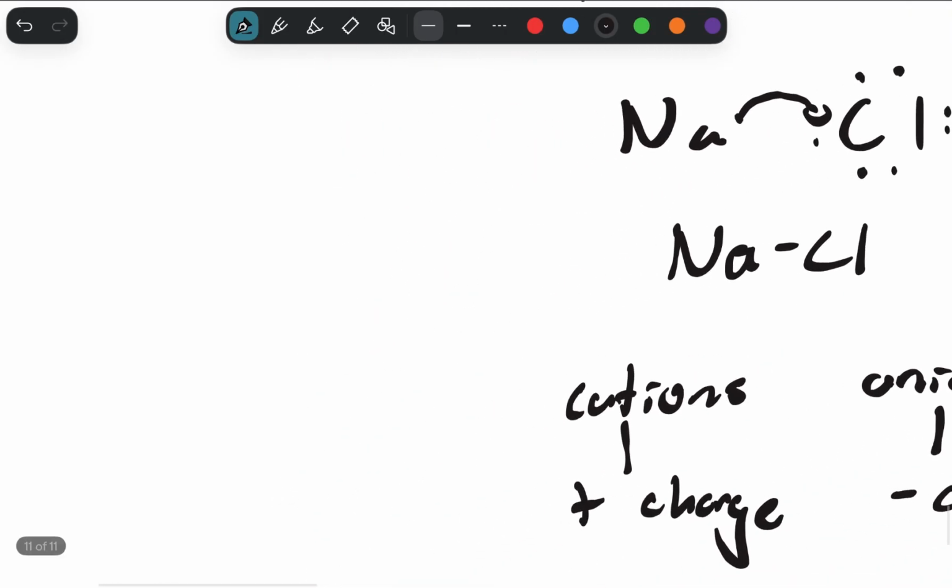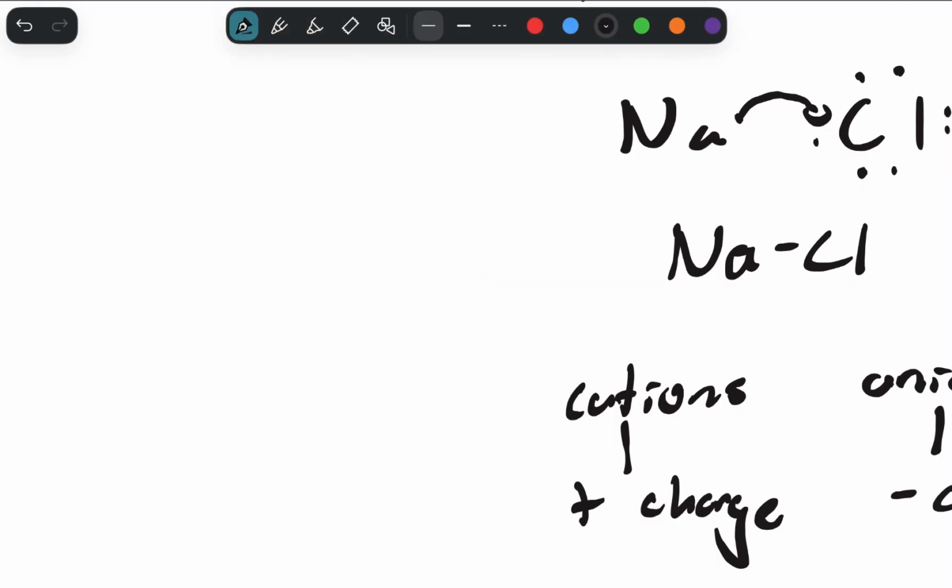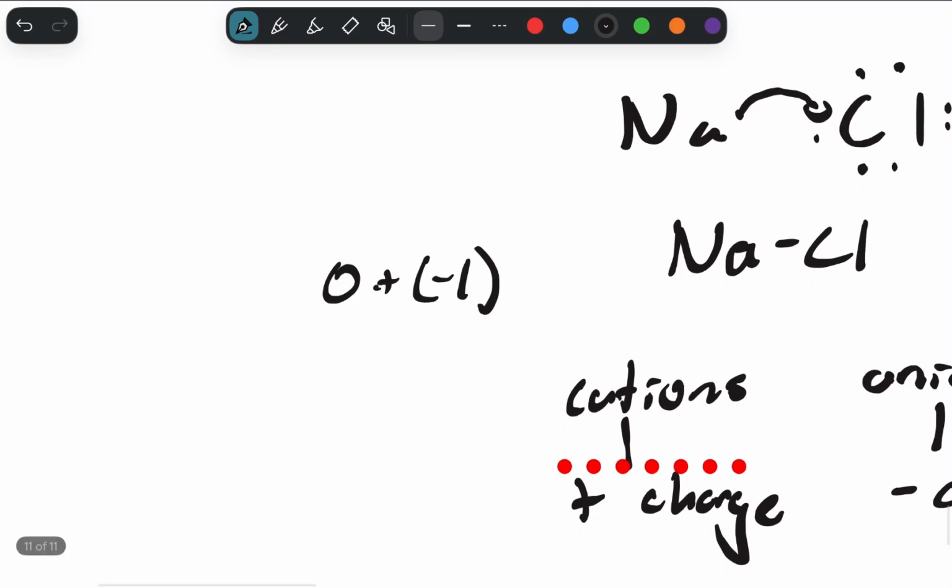right? At the start, the Na was neutral with its one electron, but then it lost this electron, so its charge now becomes positive because electrons are negative charge, right? So if you think about it, 0, and you subtract the negative, not plus. You get 1, right?